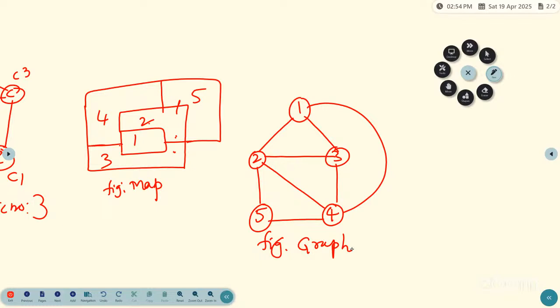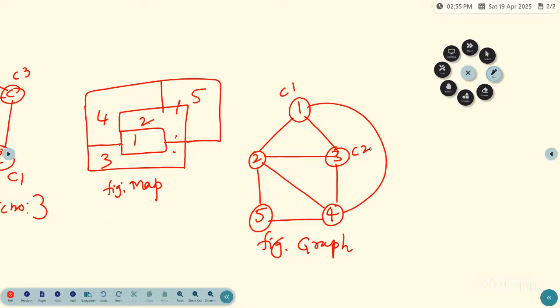It means that to color any state map, first convert it into a graph. Then use colors. This is C1, same as coloring the graph. And this is C2, and for this C1 is not possible.